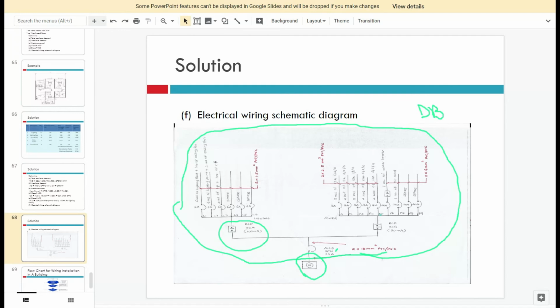The difference between the lighting and the power is the sensitivity. The sensitivity for the lighting is 100 milliamps, and for the power circuit is 30 milliamps. For the power circuit, we must choose more sensitive because this load is near to human beings.